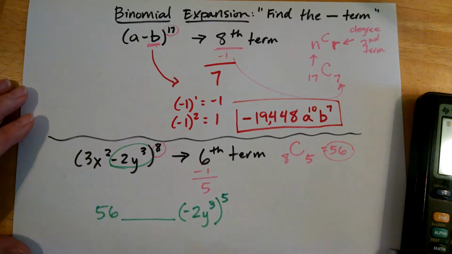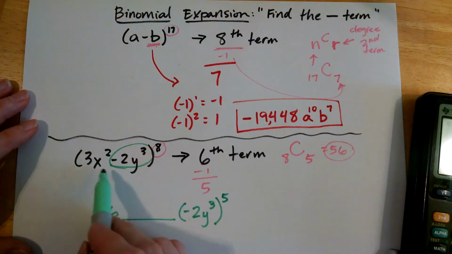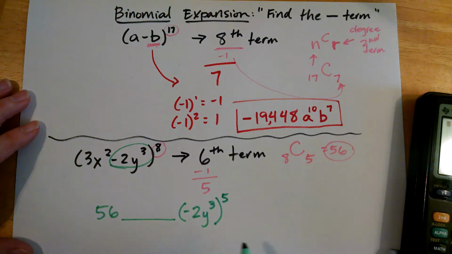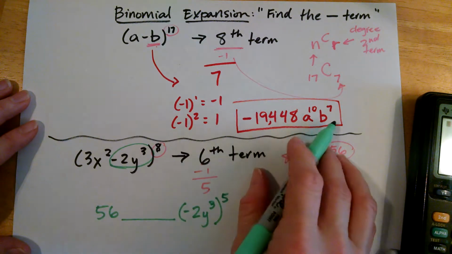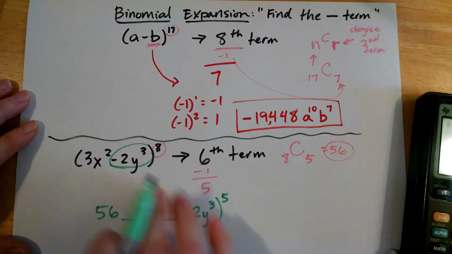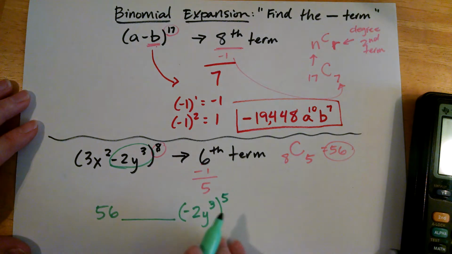We're also going to figure out what this first term is going to be raised to. All of that is the second term, so don't let all these exponents and coefficients mess you up. I'm just bringing down whatever's here, and I'm raising it to the 5th power. Before we just had a b, and that was fine. It's the same thing. It's just whatever's there, I'm putting it down.